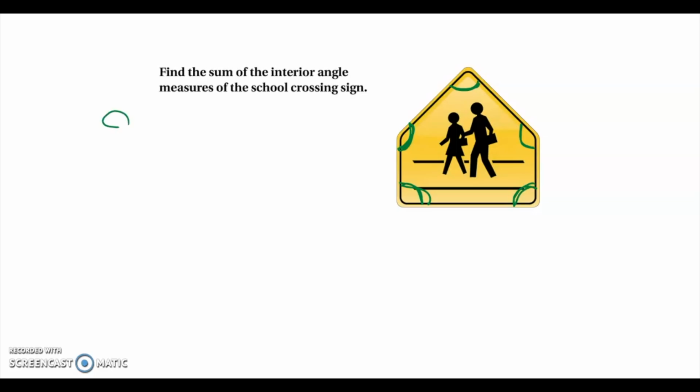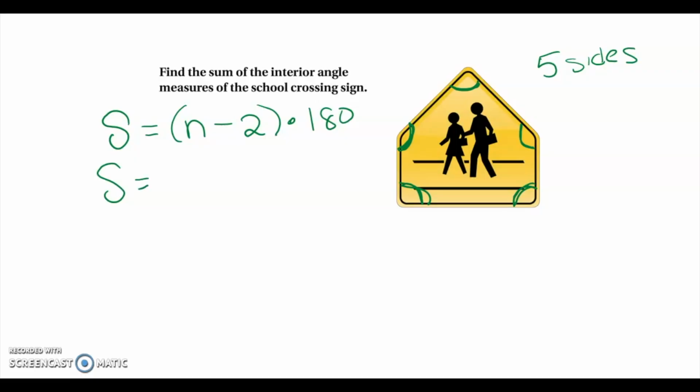Using the formula, the sum of the interior angles is equal to n, the number of sides, minus 2 times 180. Because this has 5 sides, we plug in 5 for n. So S equals 5 minus 2 times 180.